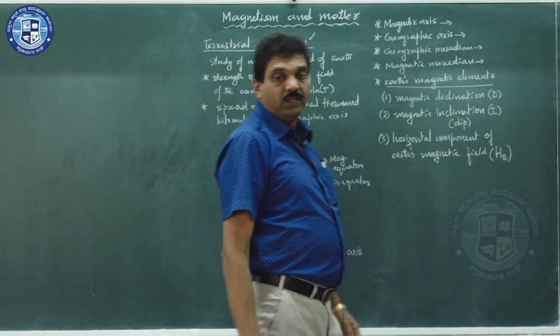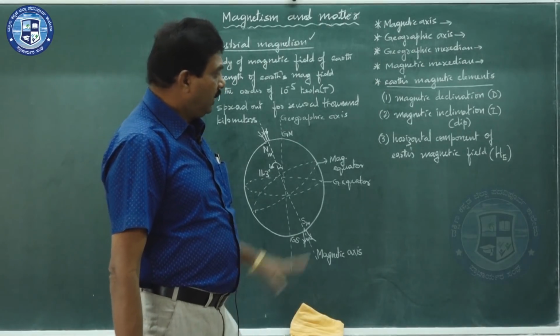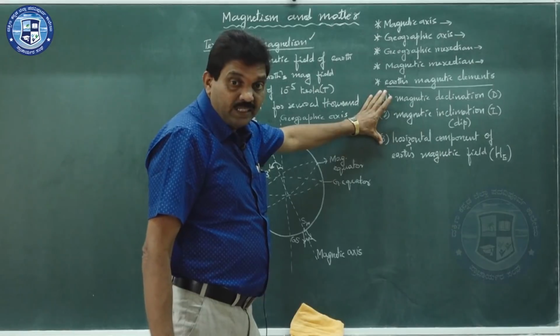These are called the three Earth's magnetic elements.